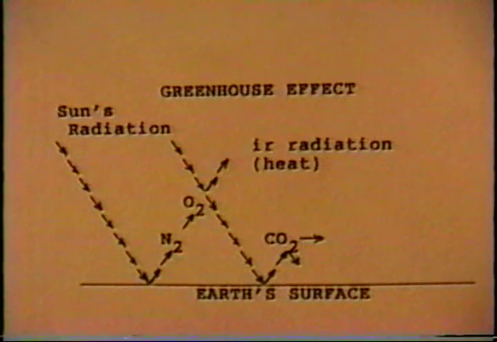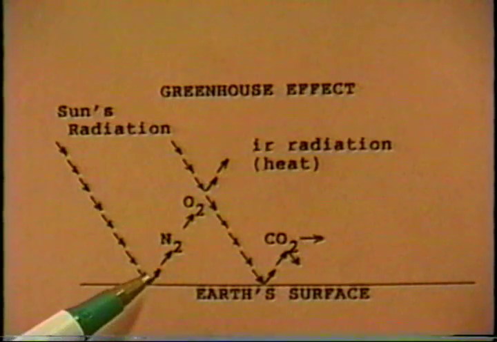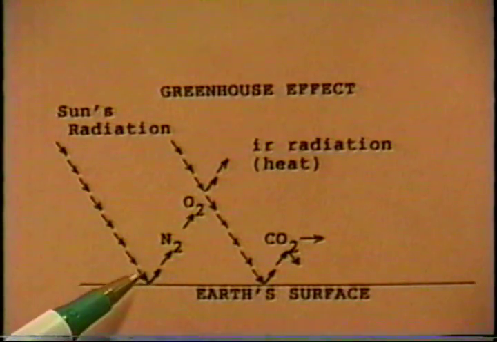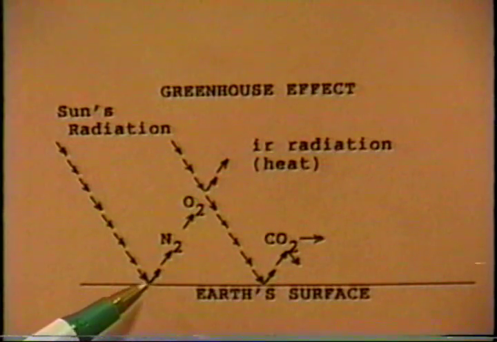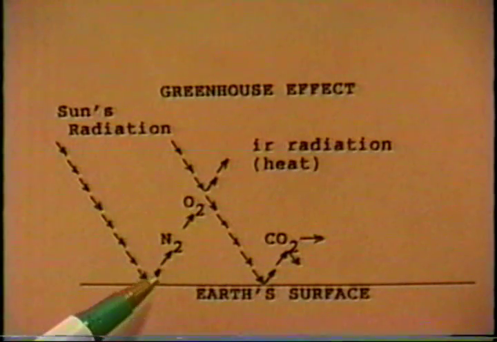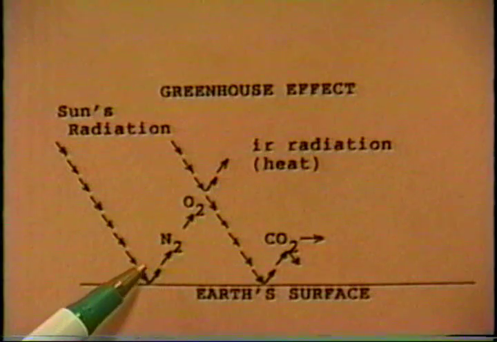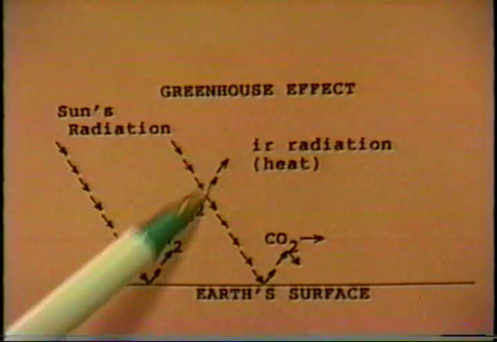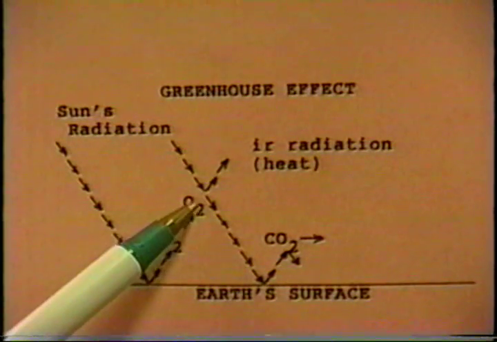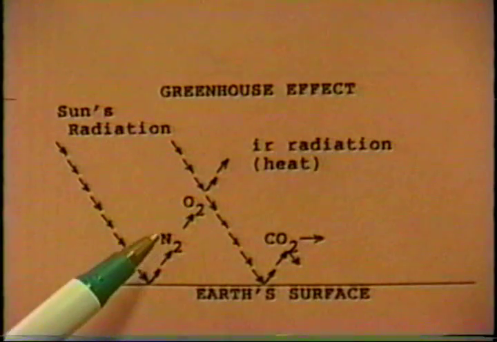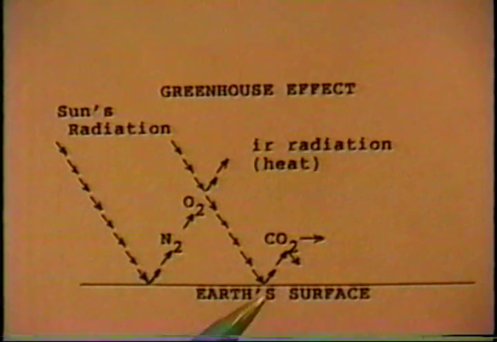Let's look at the cause of the greenhouse effect. The sun's radiation, when it hits the Earth's surface, is transformed into infrared or heat radiation. This is then re-radiated out into space because nitrogen and oxygen are transparent to infrared radiation.